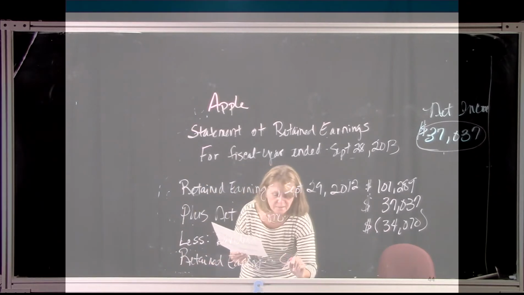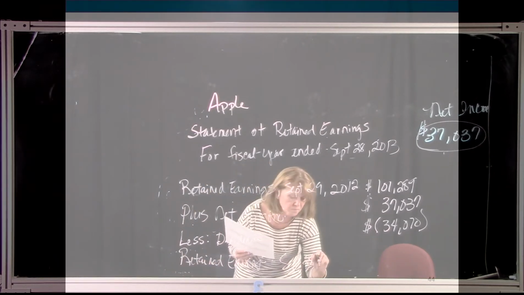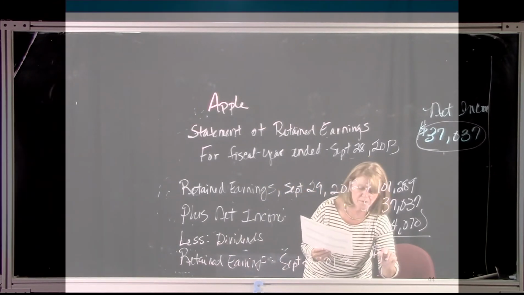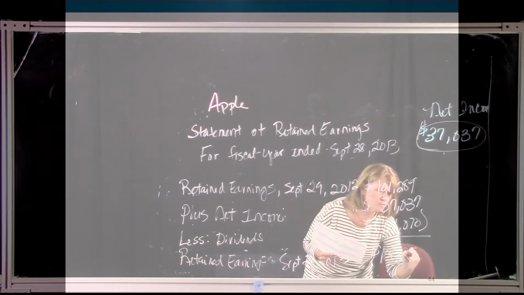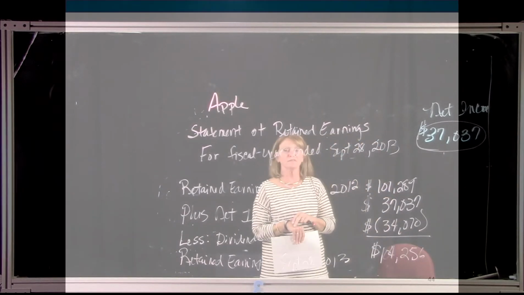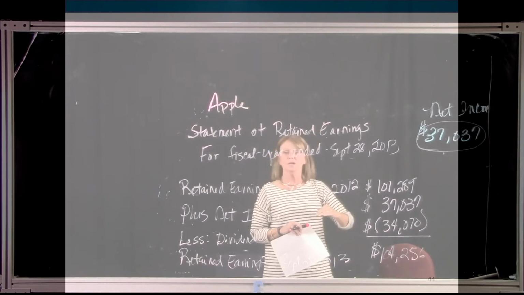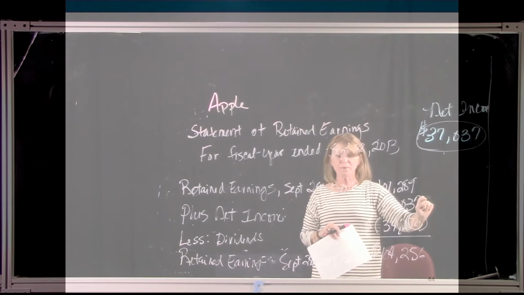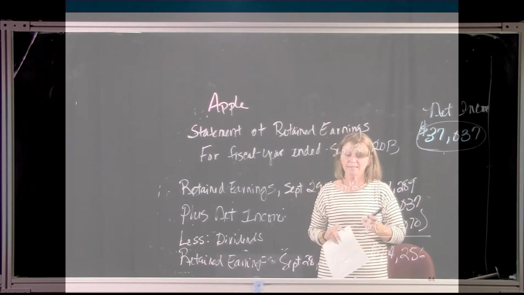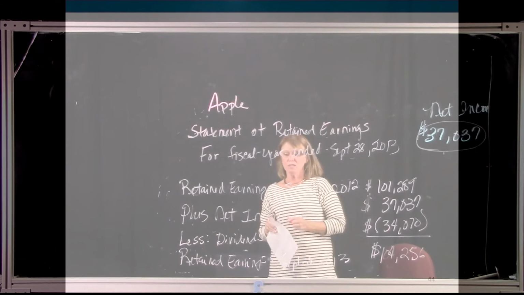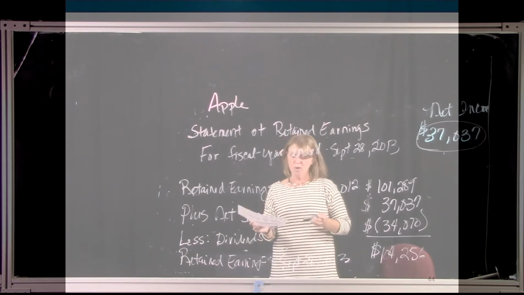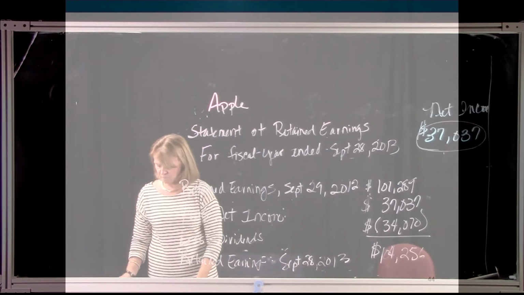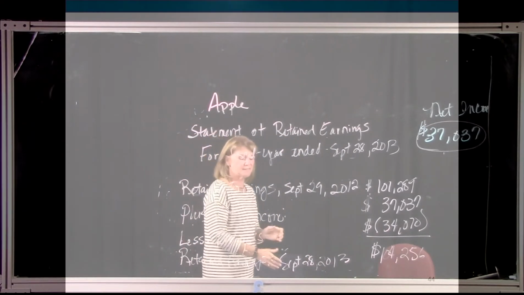So our retained earnings at September 28th is 104,256. We took our retained earnings, we added net income that we took directly from our income statement, and we subtracted the dividends that were paid out to owners. So our retained earnings at year end were $104,256.